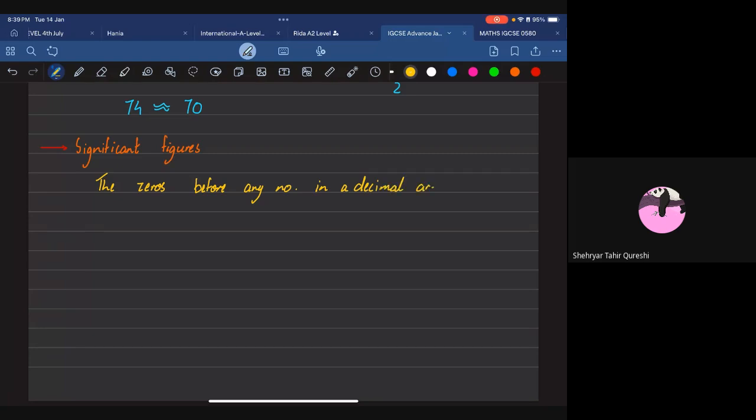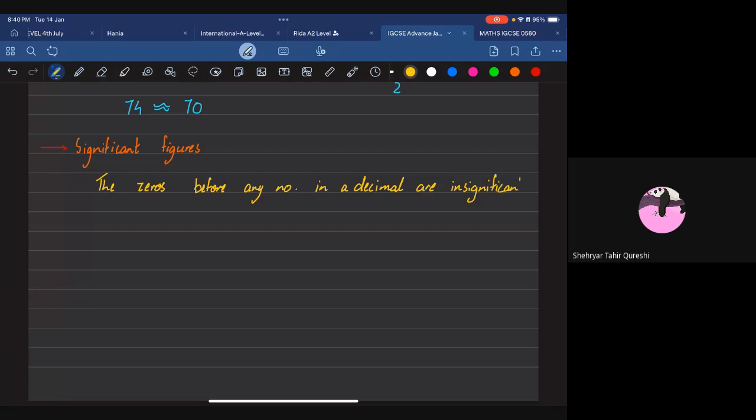That means that they are not significant. So for example, 0.0006 only has one significant figure, because the zeros at the beginning of a decimal, before any number in a decimal, are insignificant.